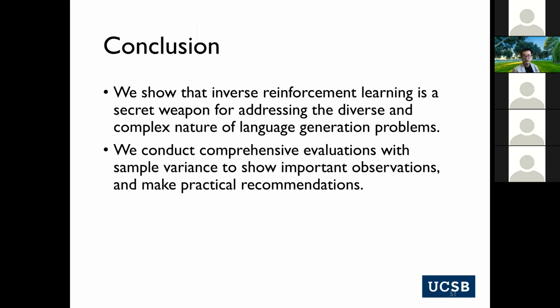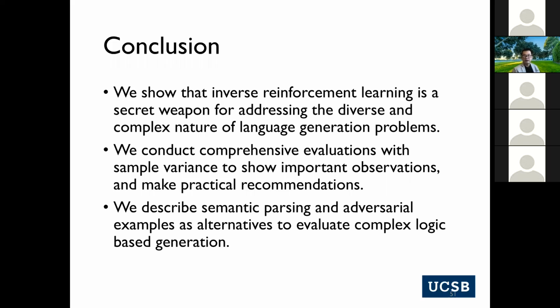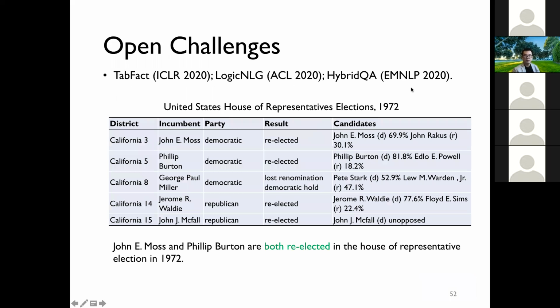Secondly, I talked about the importance of sample variance and how it's related to different problems, and we also make some practical recommendations going forward. And finally, in the last part, I talked about semantic parsing and several examples as alternatives to evaluate complex logic-based generation problems. And we do have these open challenges going on with TabFact, Logic NLG, and HybridQA.